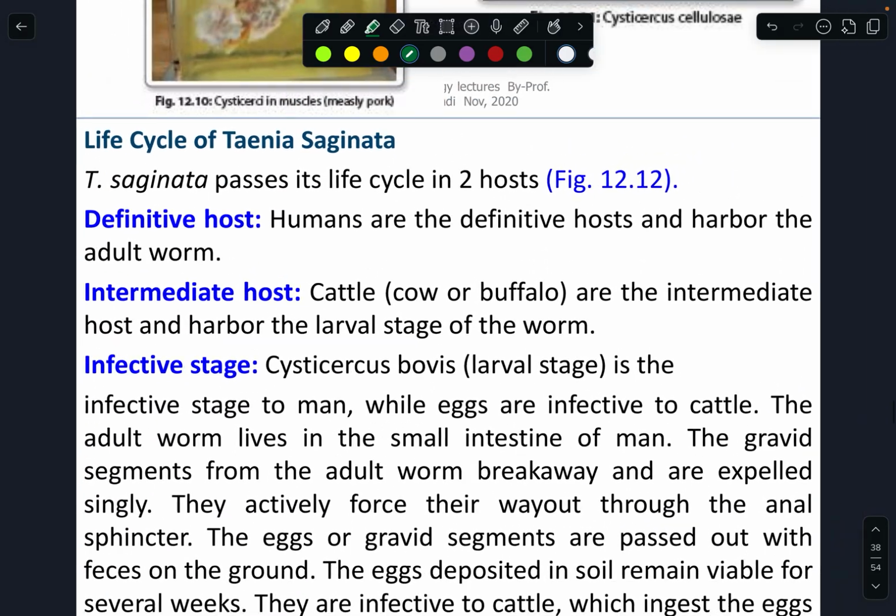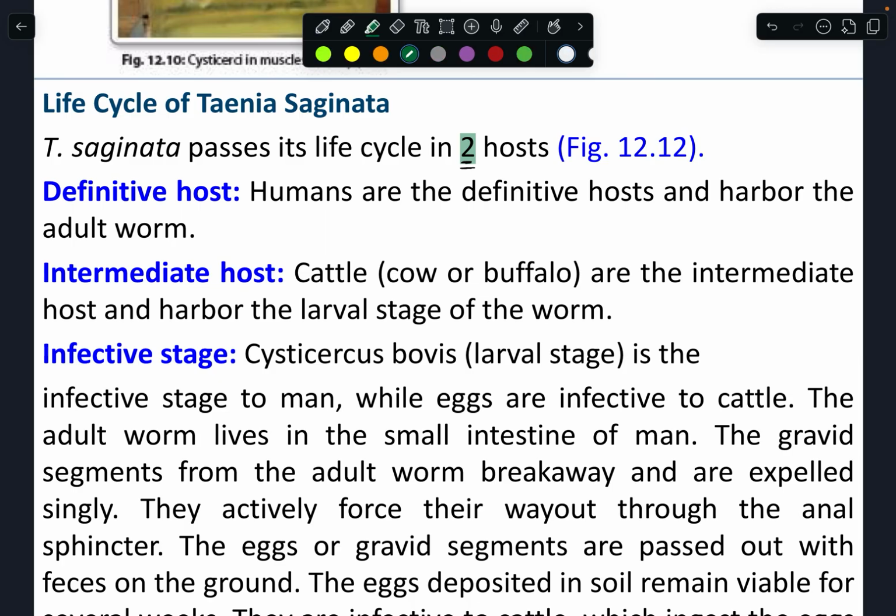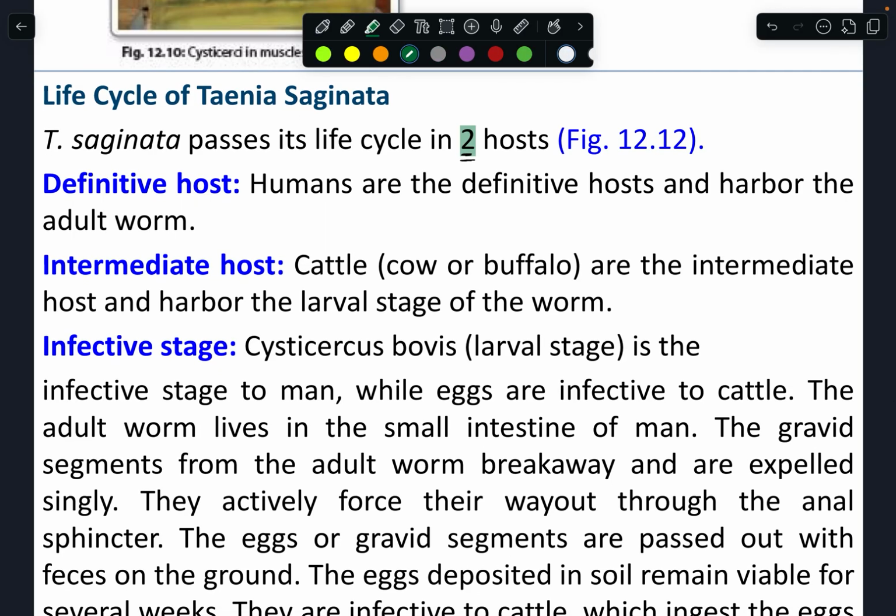Life cycle of Taenia saginata. Taenia saginata passes its life cycle in two hosts. This is important, high yield, as they say. Two hosts. The definitive host is humans, and they harbor the adult worm.